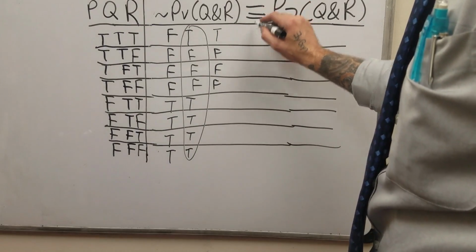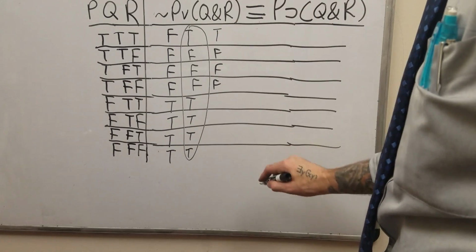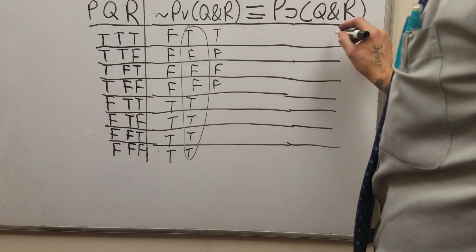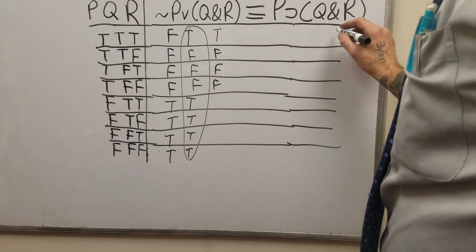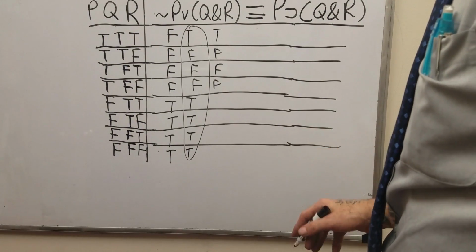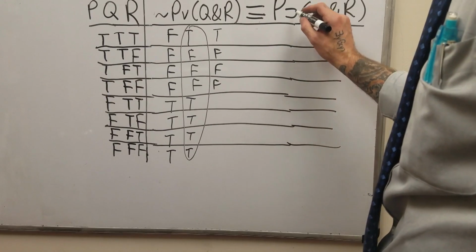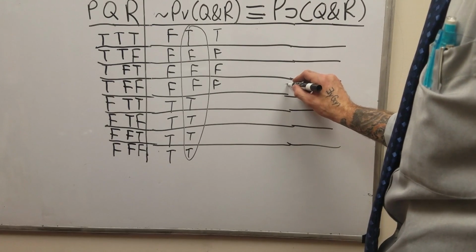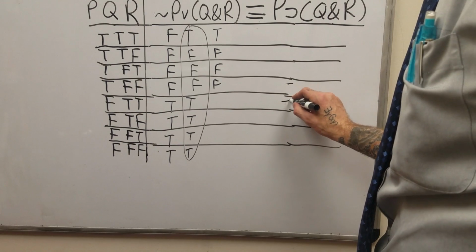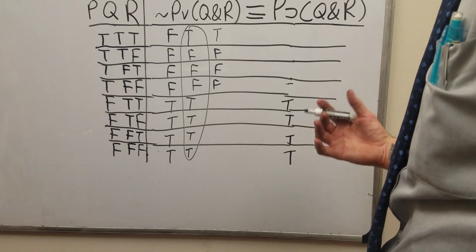Remember, our main connective is this biconditional, the triple bar. So let's look over here on the right. Let's start by taking a look at P, because we know everywhere the antecedent's false, the conditional is going to be true. So the conditional is going to be true on these last 4 lines. We know that already, right?